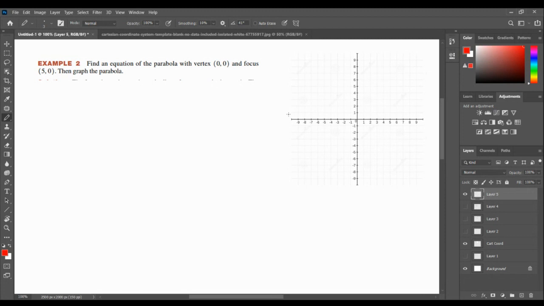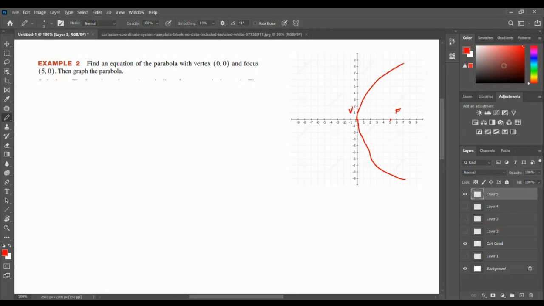So what I'm going to do is I'm going to graph those 2 points. There's my vertex. The focus is 5, 0. So I'll label that my focus. This one I'll call my vertex. The focus is always inside the cup of the parabola. So that tells me this parabola is going to open this way, so that the focus can be inside.